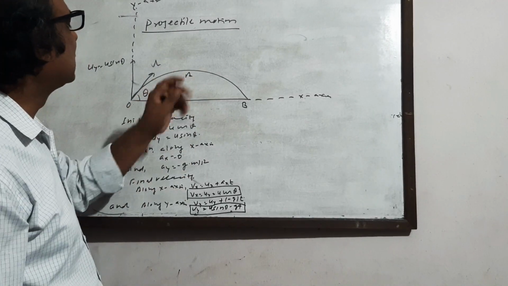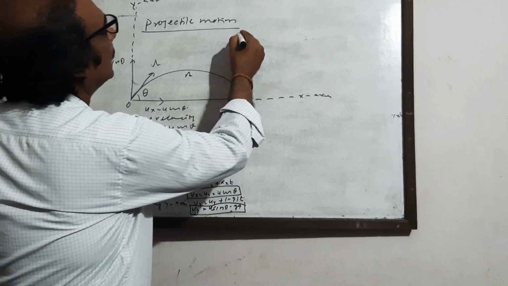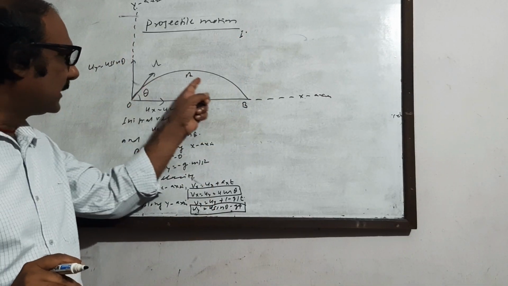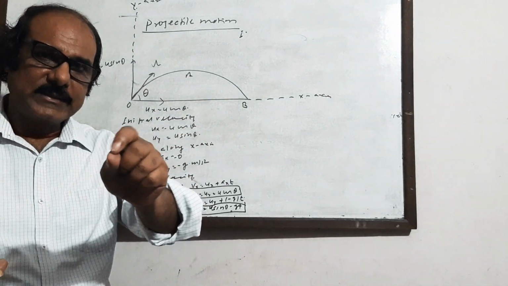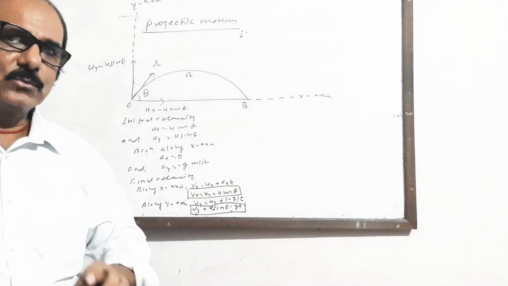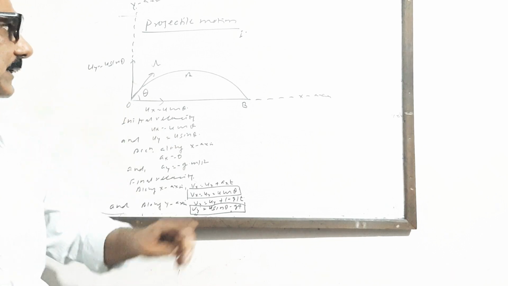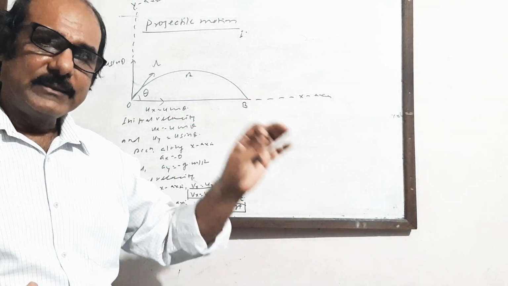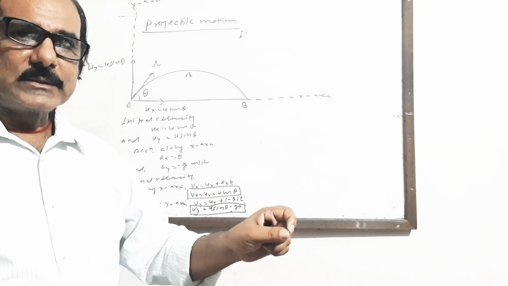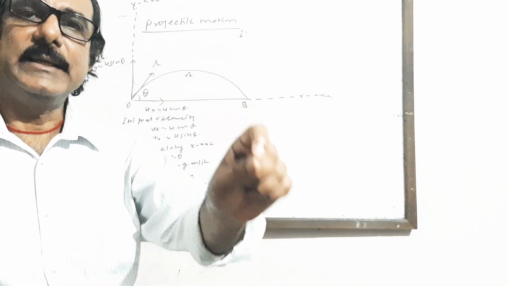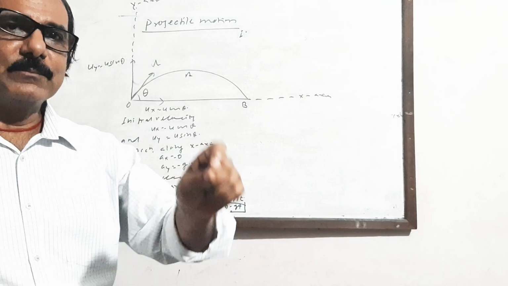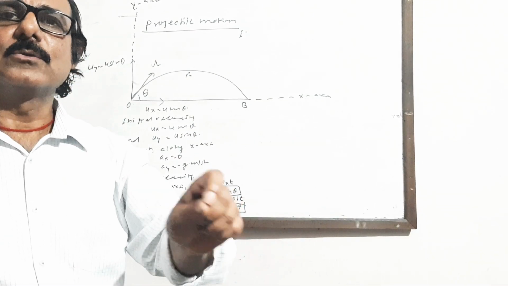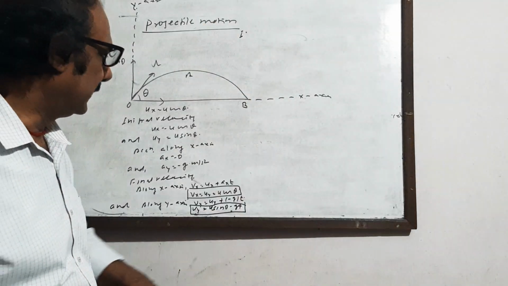The time taken by the projectile to go along the trajectory, along the curved path, along the path of the projectile, is known as the time of flight. It can be defined in different ways: the time taken by the projectile while it remains in air is also known as the time of flight.